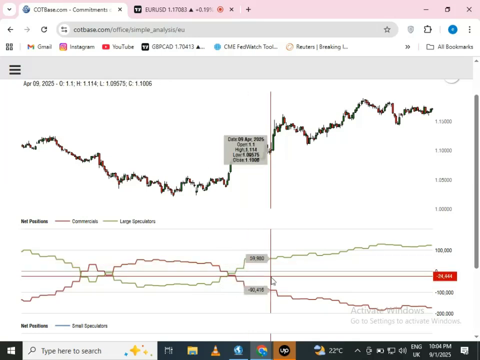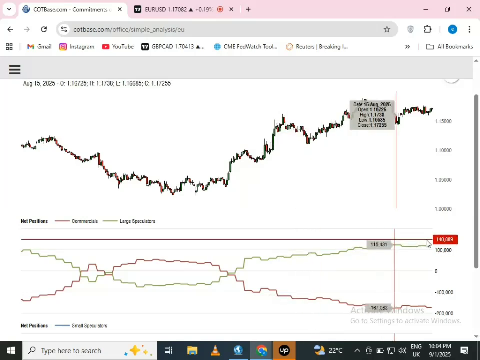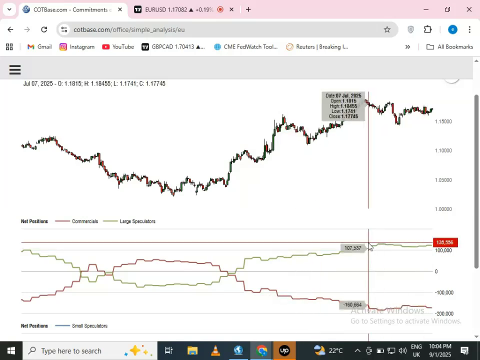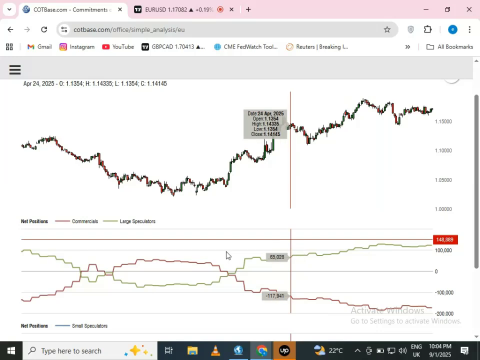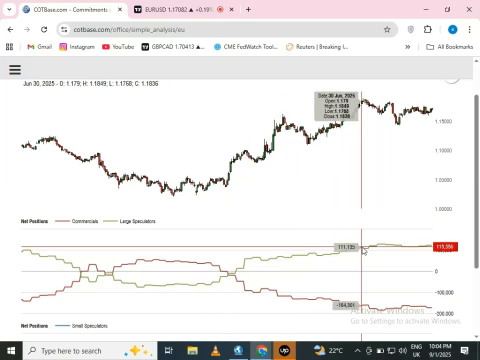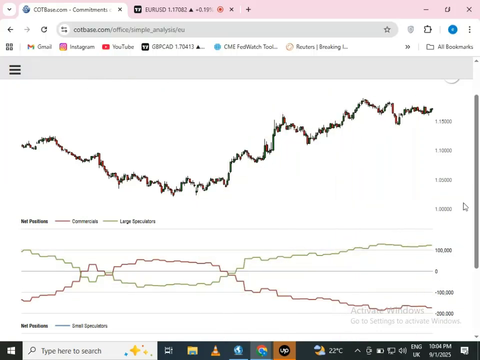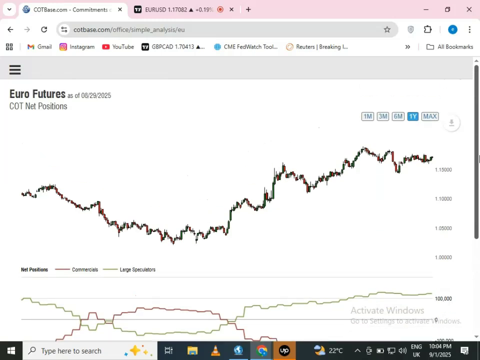All these contracts above the zero mean they are bullish on the pair. Whenever this green line, the large speculators, is below the zero, for that specific future, Euro futures or any type of commodity, it means they're bearish on the pair. So this will help you know how you can trade like them.